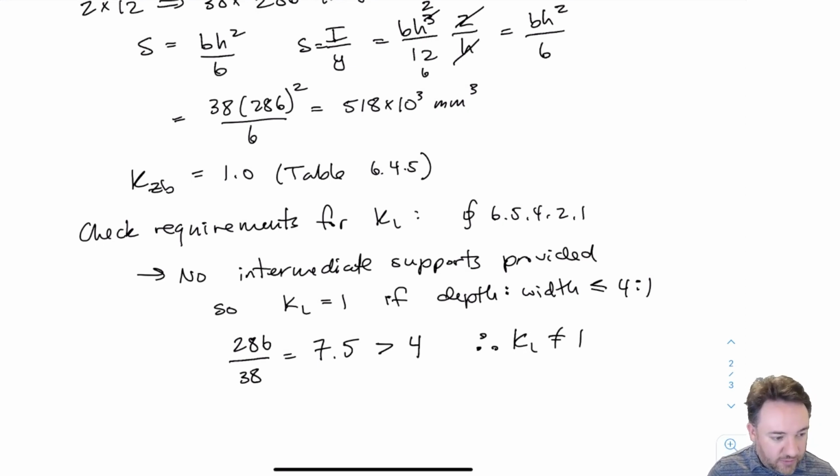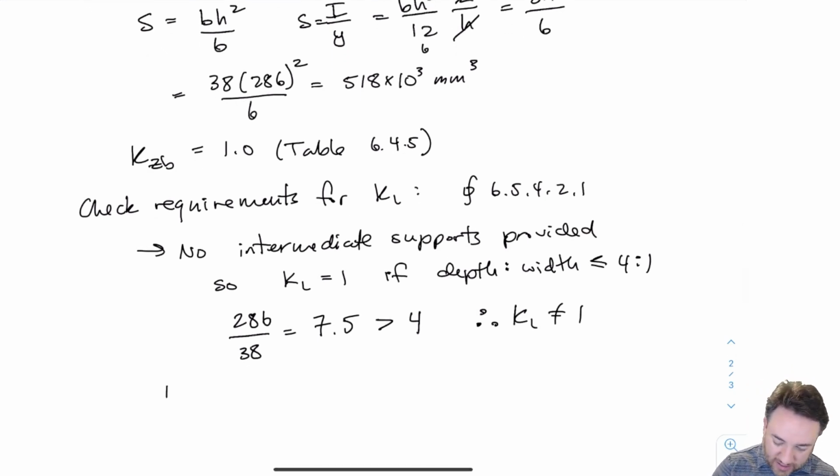So now what do we do? We can now use the general method from the glulam section to find KL.